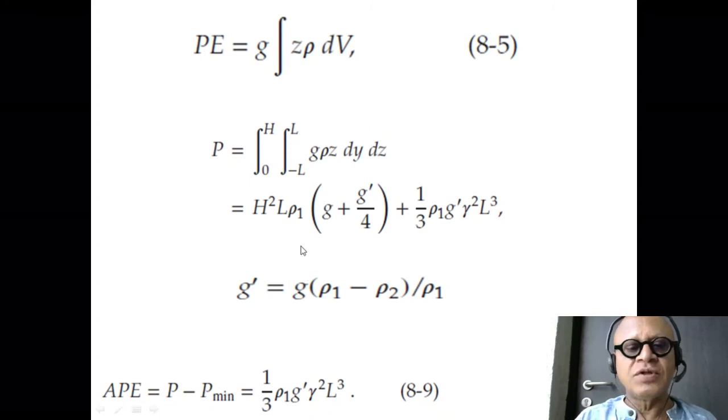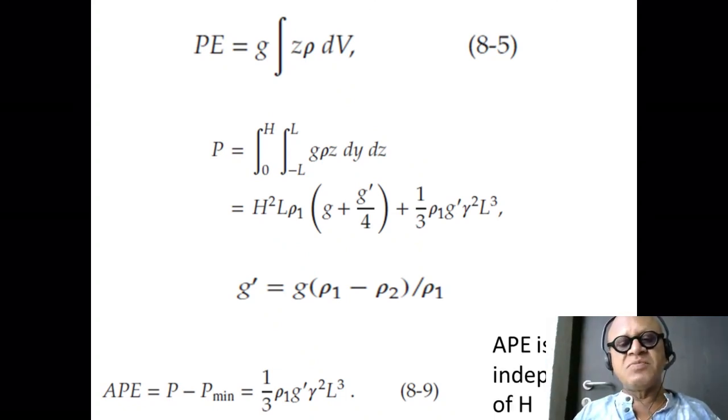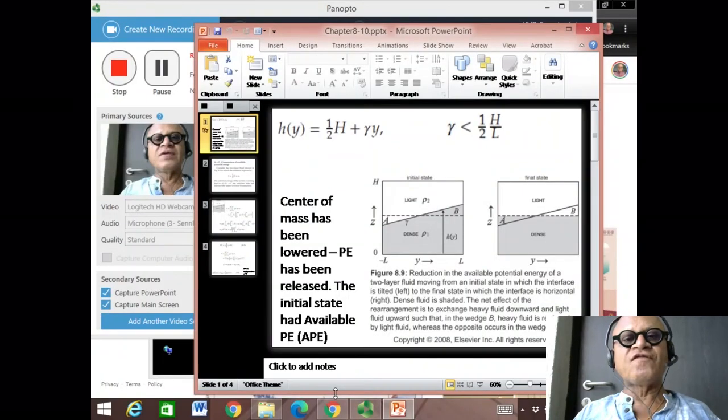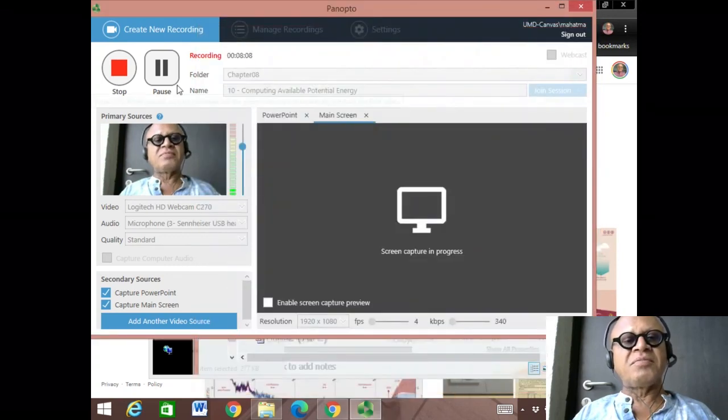If you subtract the minimum from the total, you end up with an available potential energy expression of 1/3 rho 1 g prime gamma squared L cubed. This is an ideal situation, so just make sure you understand the concept. By tilting the interface between a vertically distributed fluid, APE, available potential energy, is created, and it is independent of the height of the system. The whole system is from the bottom to the top.